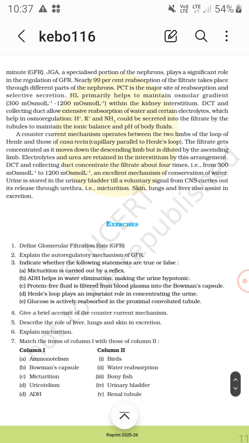Now the electrolytes and urea are retained in the interstitium by this arrangement.